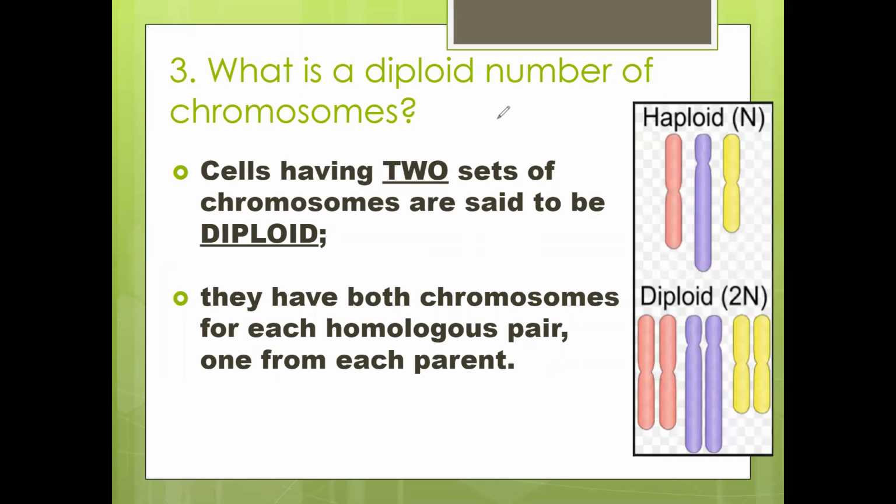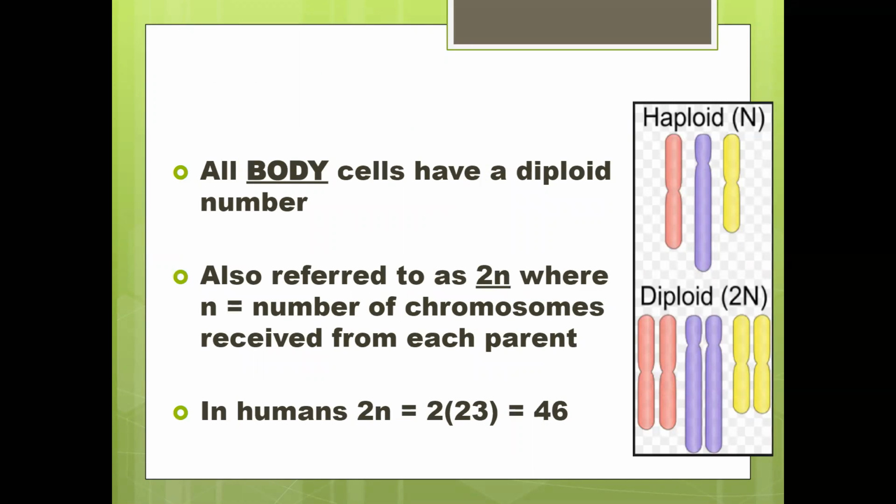They are said to have 2N because they have two copies of every single chromosome. In humans, we have 23 pairs, two of each one, which gives you that 46.